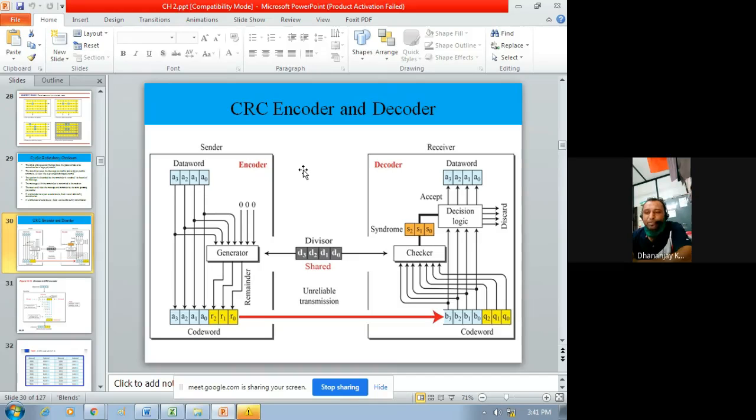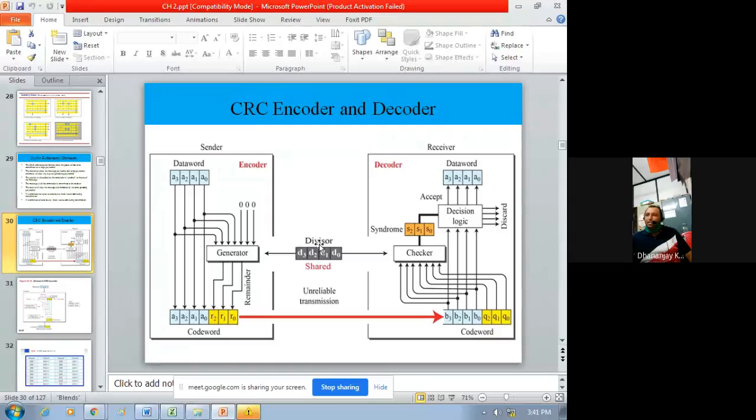So the difference between the earlier mechanisms and this technique is, earlier they used to go for only one redundant bit, where the error detection mechanism depended upon parity. Here, in this method, they use a common divisor with which it divides the data word plus some number of zeros added.